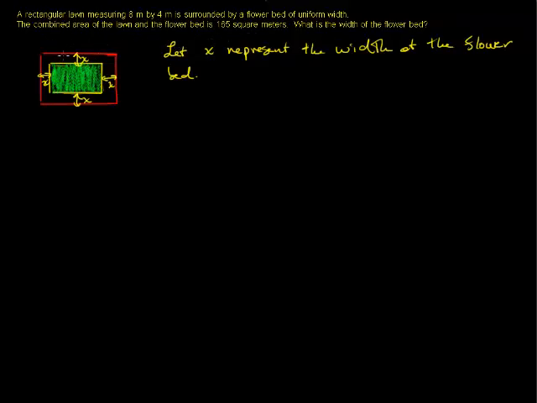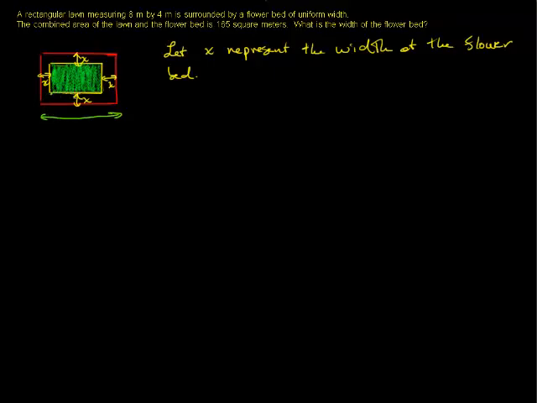Now we have to piece together the information that we're given in this question. You're told that the rectangular lawn is 8 meters by 4 meters, and that the area of the red rectangle is 165 meters squared. If we label this side length, this length from here to here is going to be 8 meters.